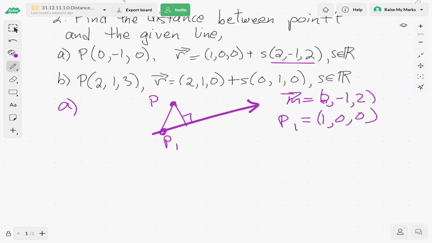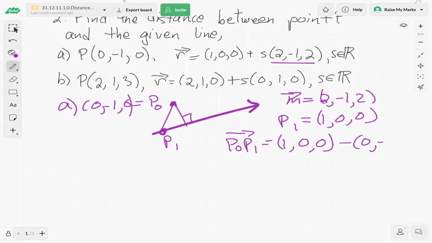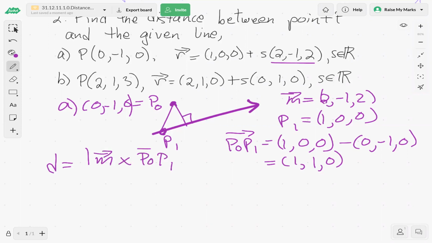The vector P0P1 is given by, our P0 is 0, -1, 0, so we can write that as 1, 0, 0 minus 0, -1, 0, which is 1, 1, 0. To find our distance, we need the magnitude of the cross product of our direction vector with this vector P0P1, all over the magnitude of our direction vector.